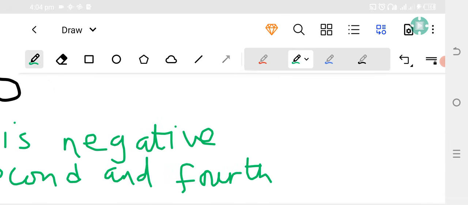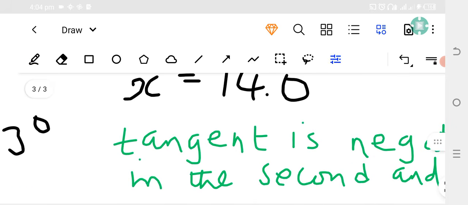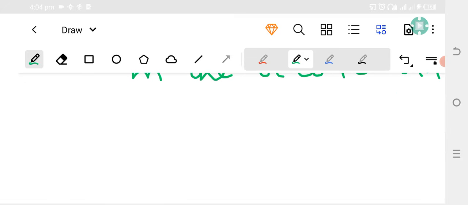Because we are saying two, so two quadrants. So how do we find the angle there in the second quadrant?